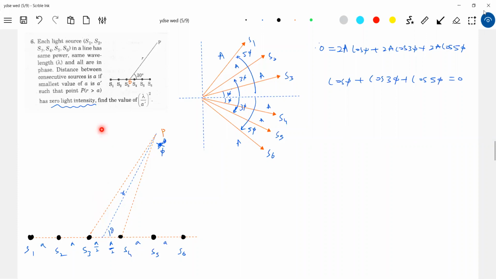Again, I'm taking you to the YDSE only, nothing big. If it were here, it would happen. But by the time it arrives here, due to that path difference, the destructive interference will occur, and the intensity at point P will be 0. So I think the diagram I drew is justified. I'm writing this 0 because due to path difference only, the resultant amplitude has become 0 and it has become destructive interference. Anybody, value of phase angle? Phi equal to pi by 2 and pi by 6.